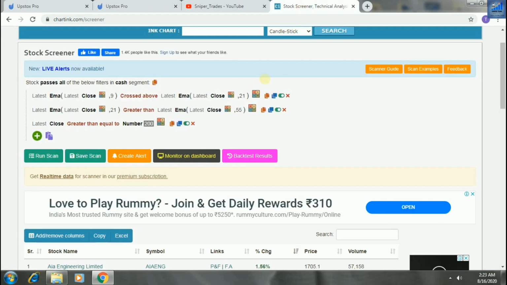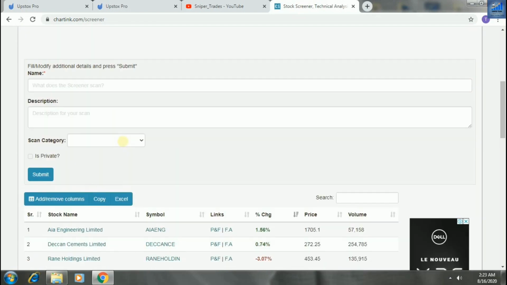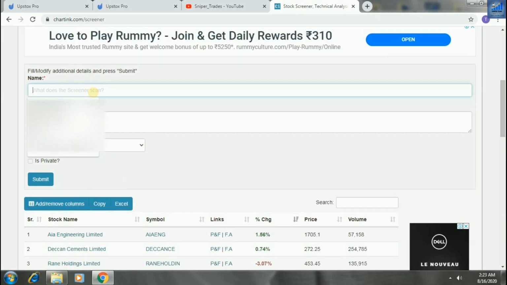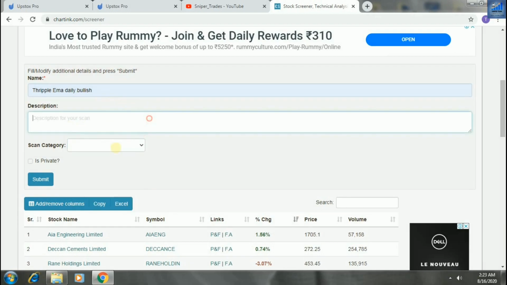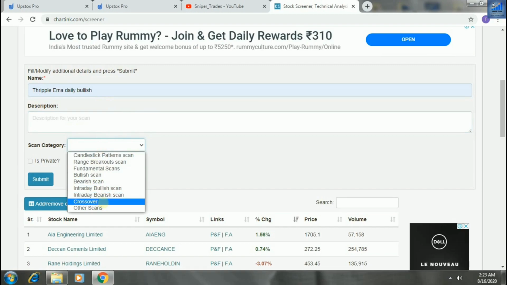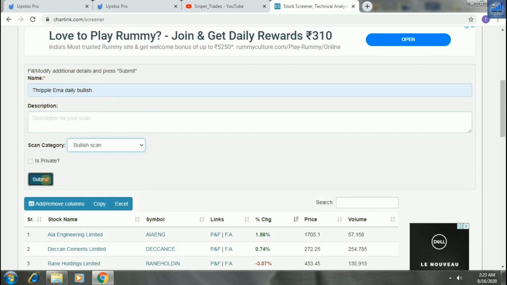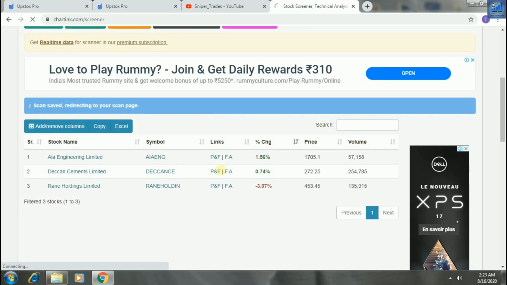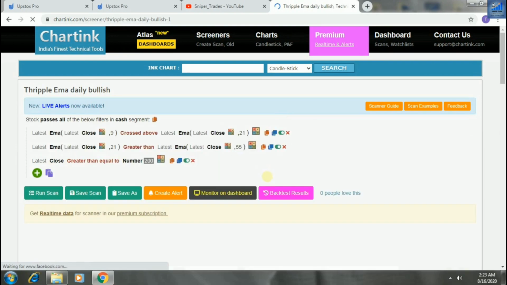We can also backtest this strategy. For that, first click save. It's a bullish scan. Click submit. So the scanner is saved.